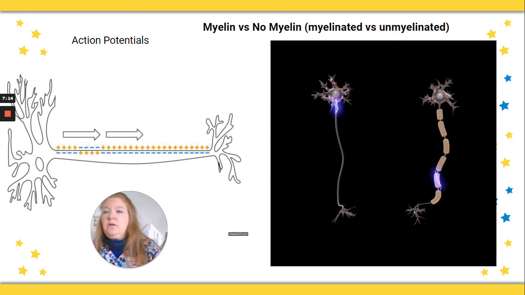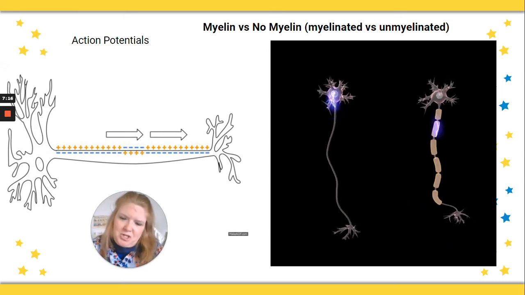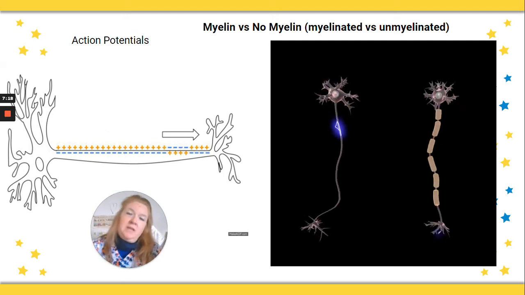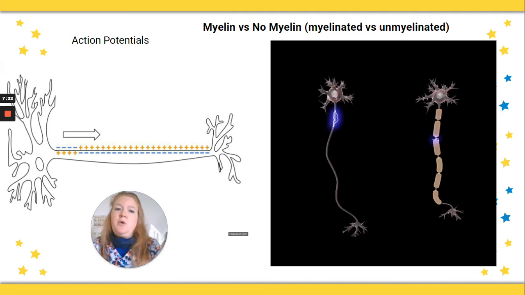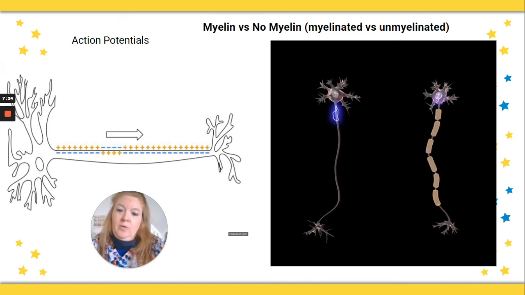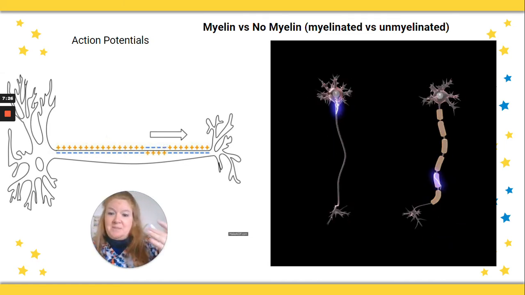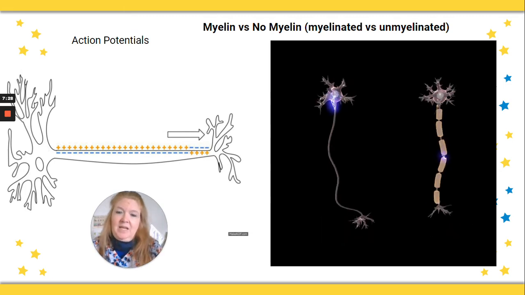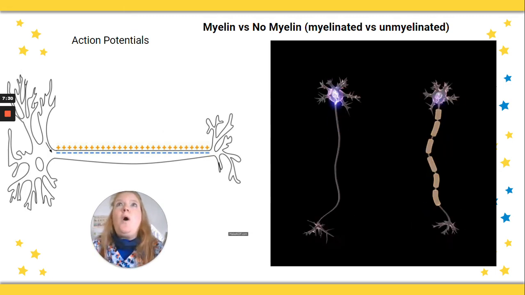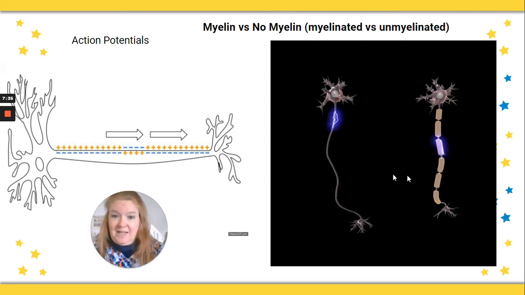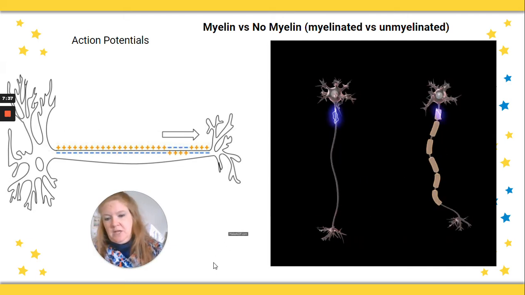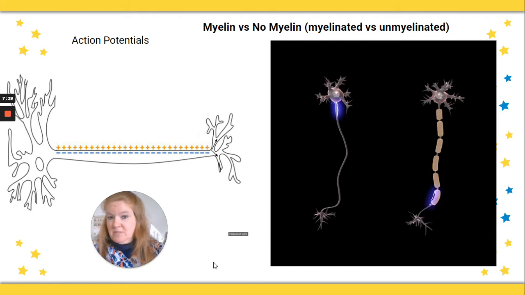When you're skipping, your foot is only touching for a very brief moment, and then it's back up again, and then it's down, and only for a brief moment. So the signal, when there's myelin, can skip down the axon, and the signal gets transmitted sometimes hundreds of times faster. So that is very important for getting nerve signals transmitted quickly.